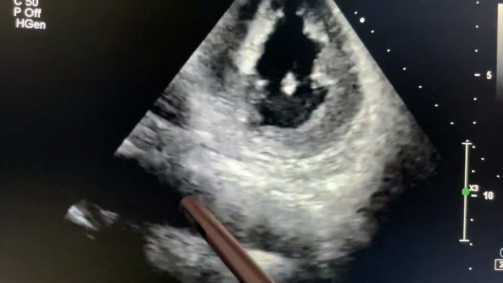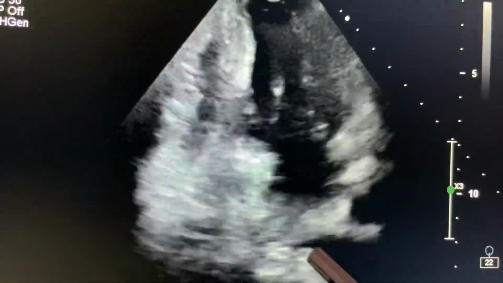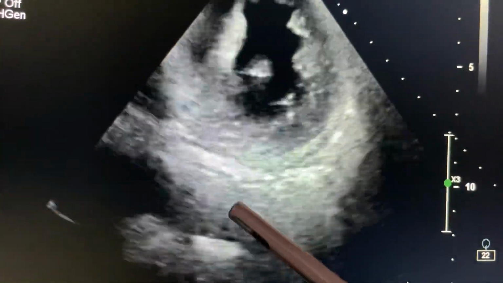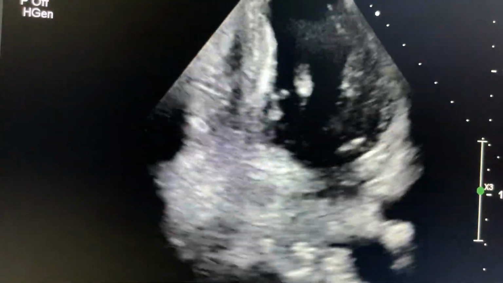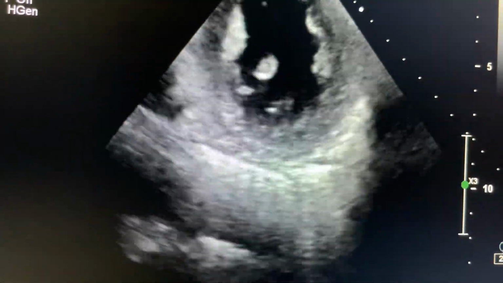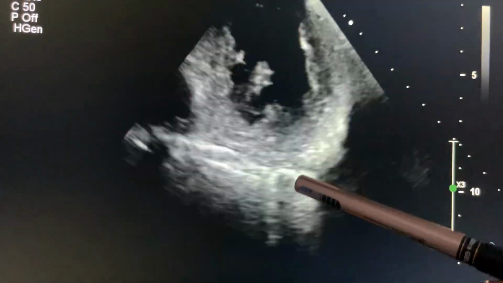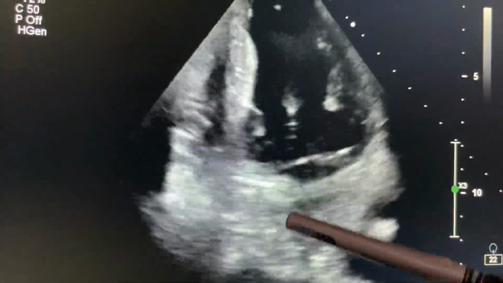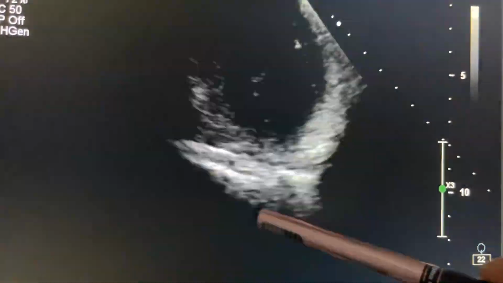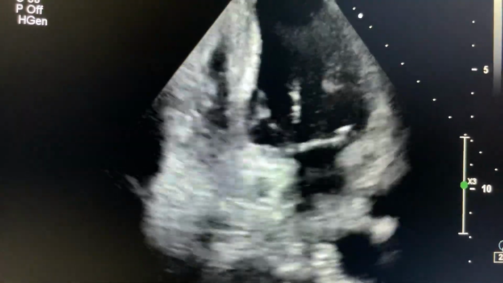This is the thoracic aorta. You see, this is the thoracic aorta coming in view, just behind the left atrium and left ventricle also in this image.